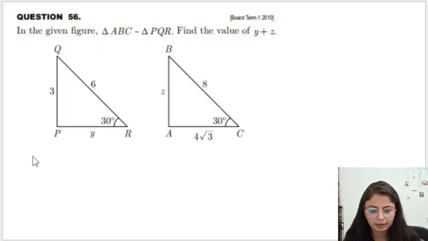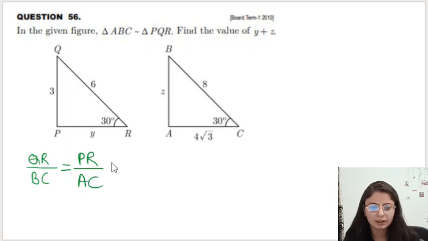So we will write QR by BC is equal to PR by AC and this is equal to QP by BA.